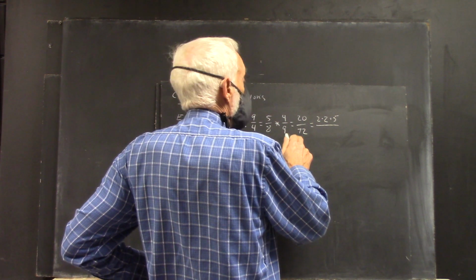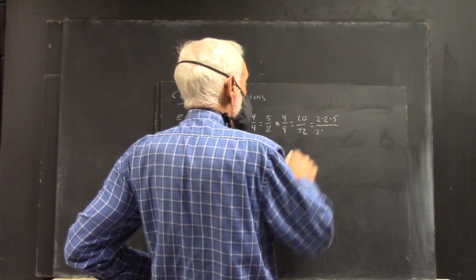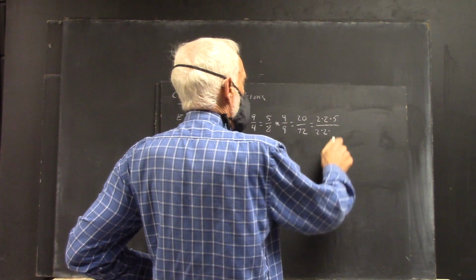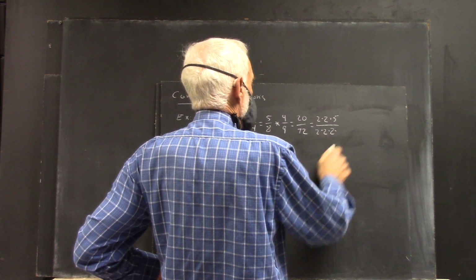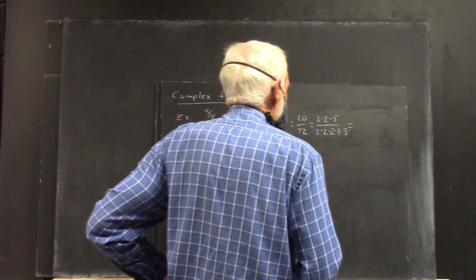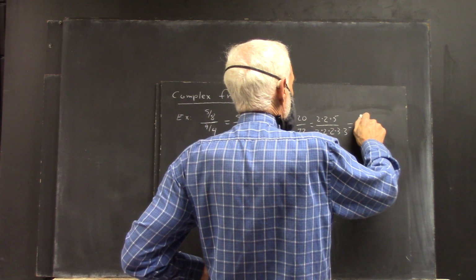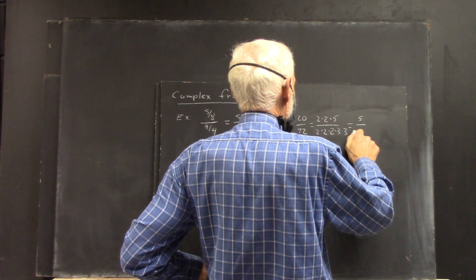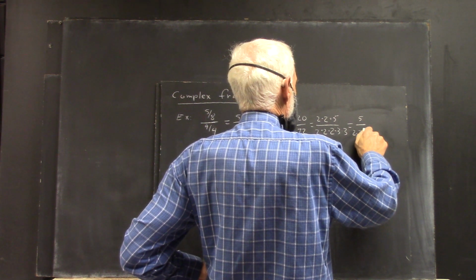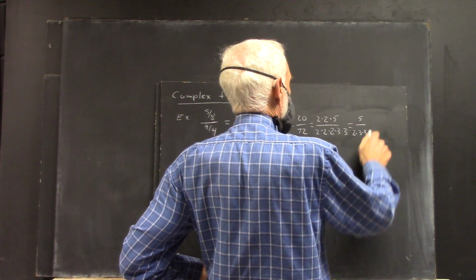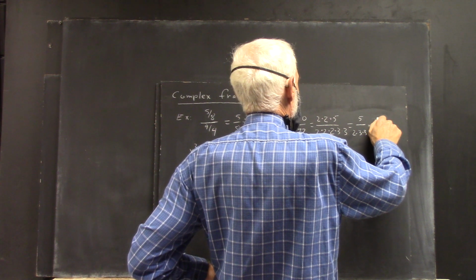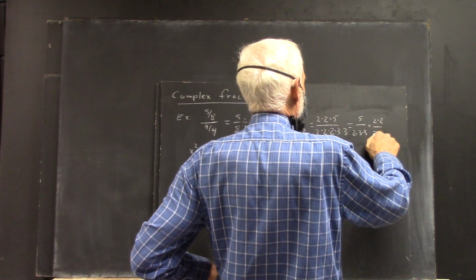Similarly, 72 is 2 times 36. 36 is 2 times 18. 18 is 2 times 9. And 9 is 3 times 3. So now we have 5 over 2 times 3 times 3 times 2 times 2 over 2 times 2.